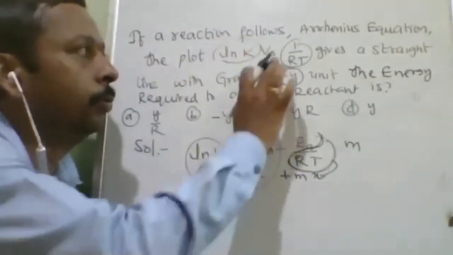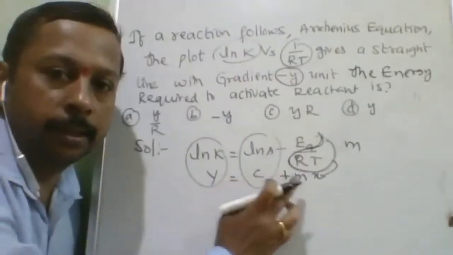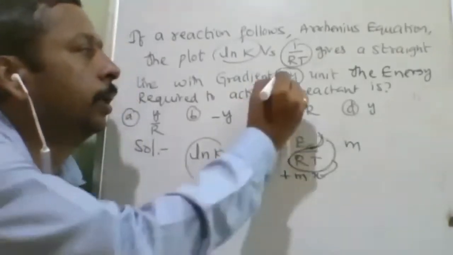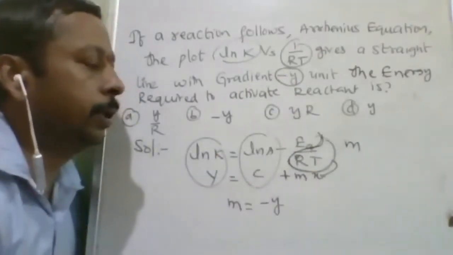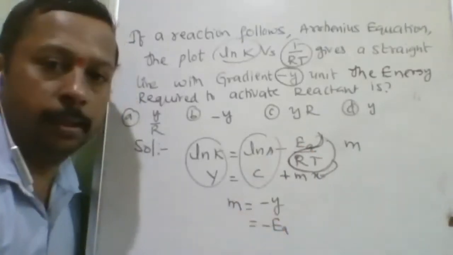You don't worry about the intercept, neither is it given nor is he asking. So the slope m is equal to what is given: minus y. According to this equation, the slope is minus Ea.